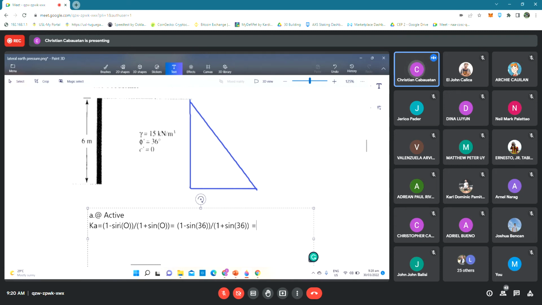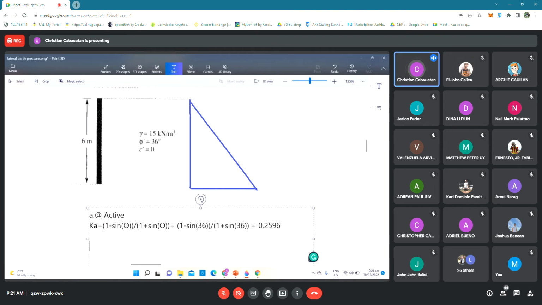Therefore, the value for your active earth pressure coefficient, or the coefficient in the active state, which is equal to, anybody? 0.2596. Yes, sir.